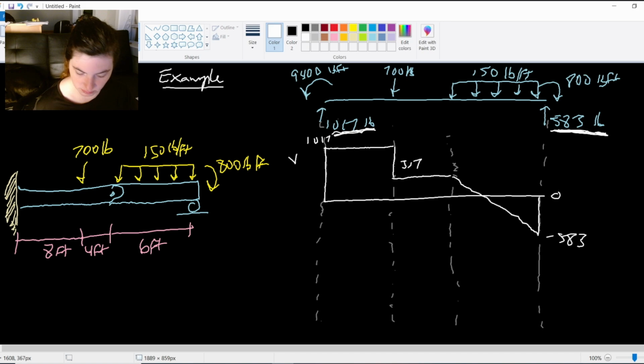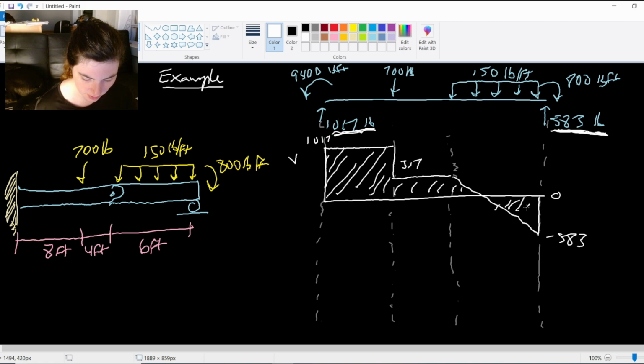So that's my whole shear diagram. I just walked through every single load region. Again, I would probably have to derive some equations to figure out where exactly this crosses, but it's good to know that I have a crossing point.